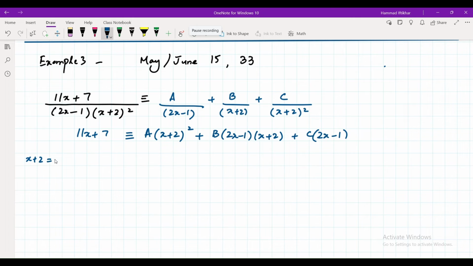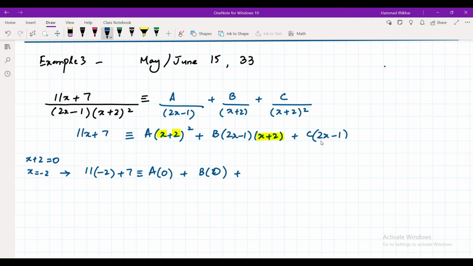So x plus 2 equal to 0 would give us x is equal to minus 2. So we plug this in. 11 times minus 2 plus 7. Since we are making x plus 2 equal to 0, wherever x plus 2 is, that would become 0. So A times 0 plus B times 2, actually, the entire thing would be 0.